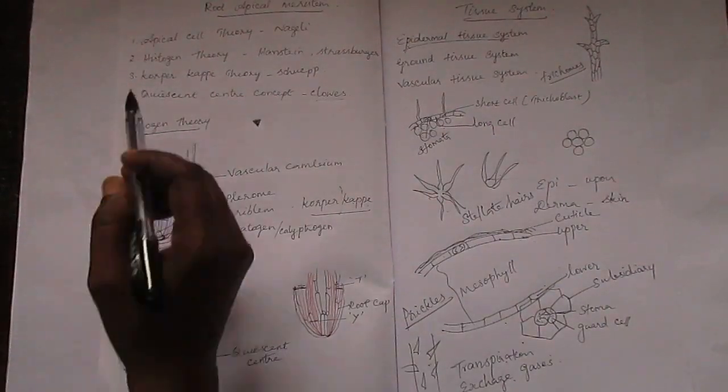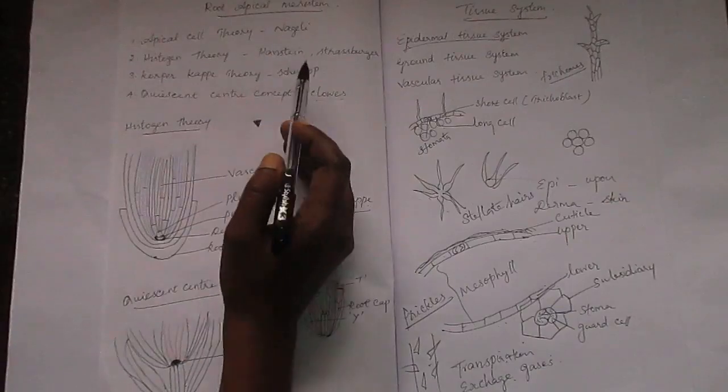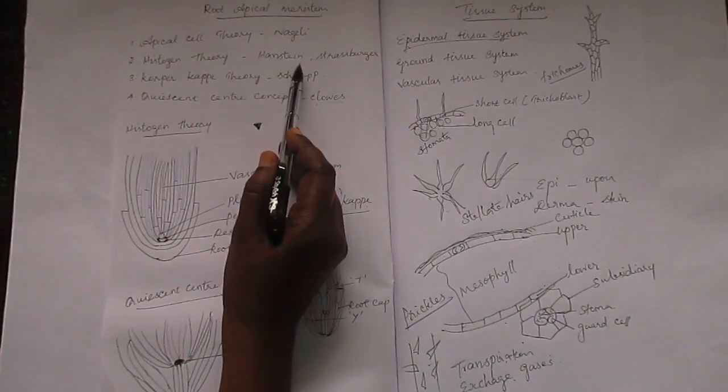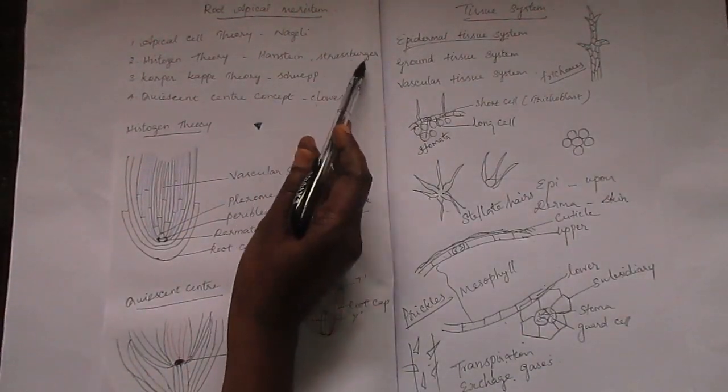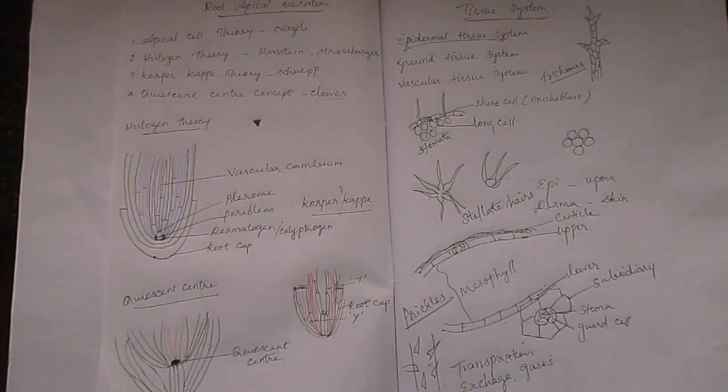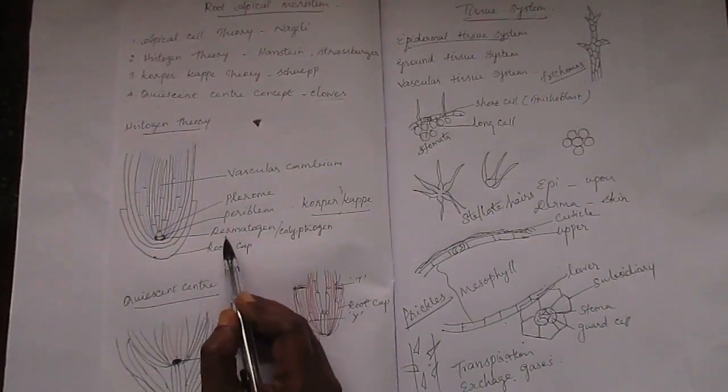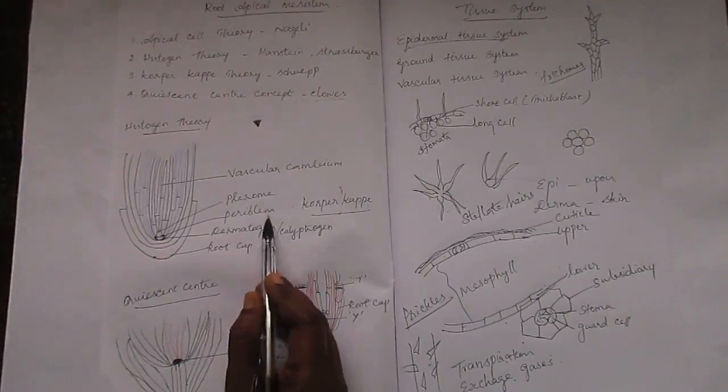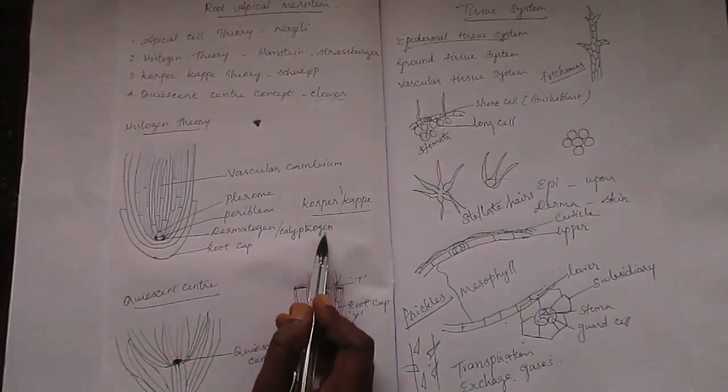Second theory is called histogen theory, which is proposed by Hanstein and supported by Strasburger. The histogen theory as applied to the root apical meristem speaks of 4 histogens, namely dermatogen, peribulum, plerome and calyptrogen.